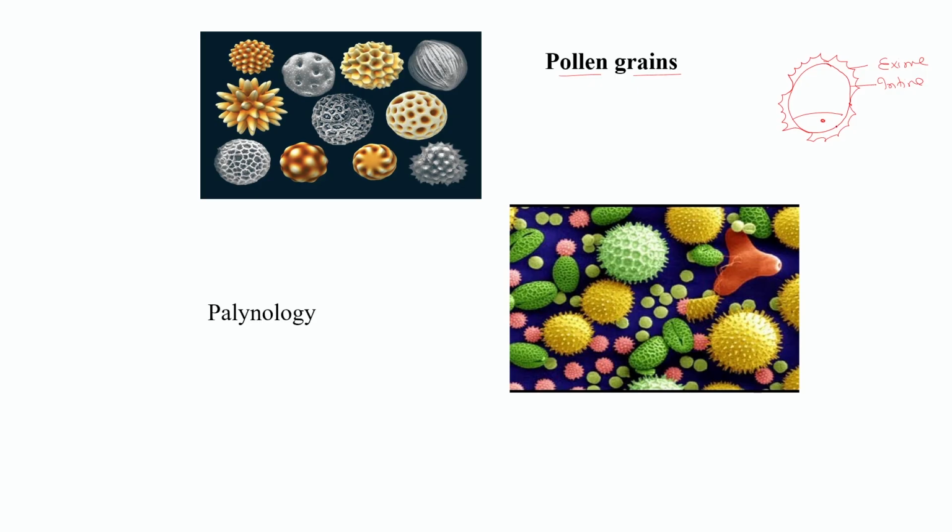Okay, and inside this they will be divided into two cells known as generative cell. Okay, and this is the vegetative cell, and it will have its own nucleus. This is generative cell nucleus, and this is the vegetative cell nucleus.